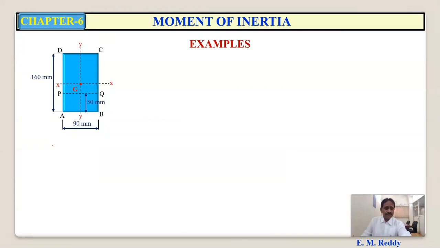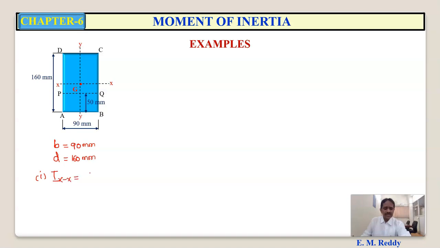Now for this rectangular section, B is 90 millimeters, D is 160 millimeters. So first, moment of inertia about the centroidal x-axis.